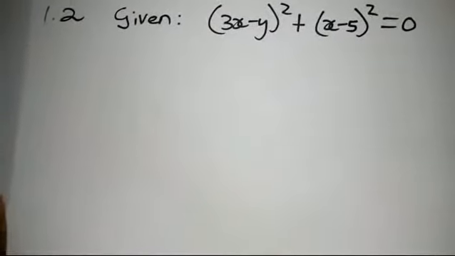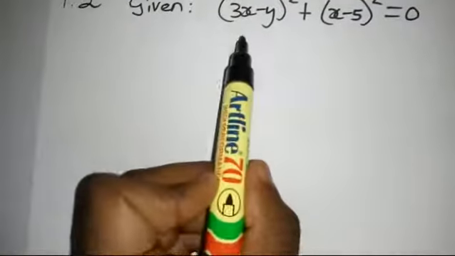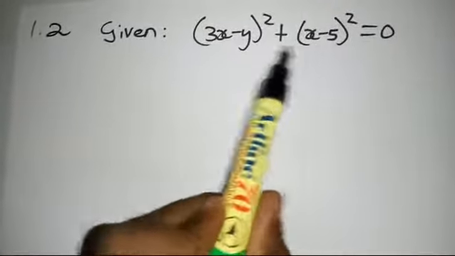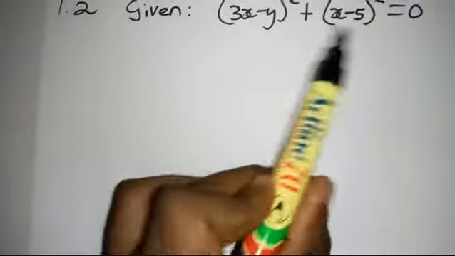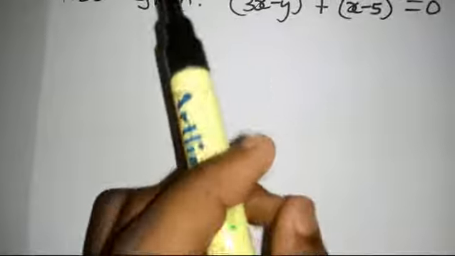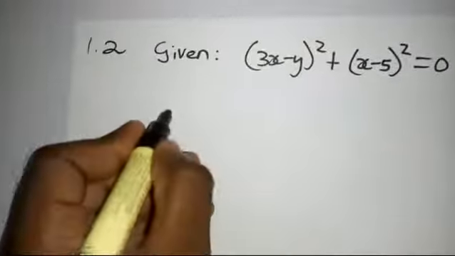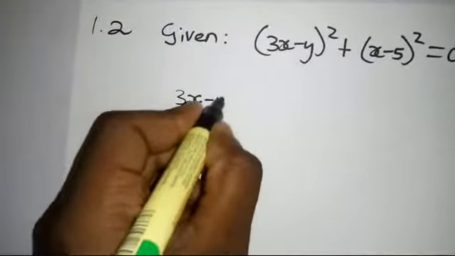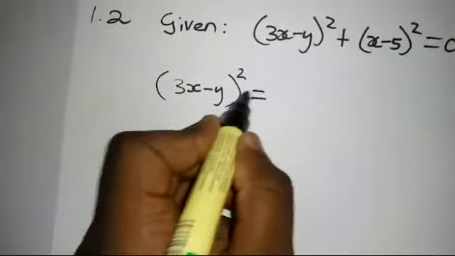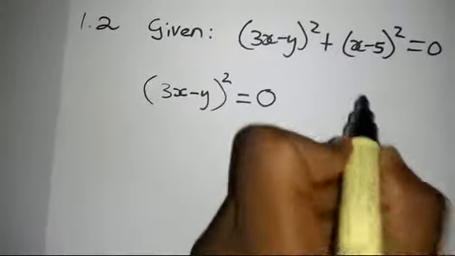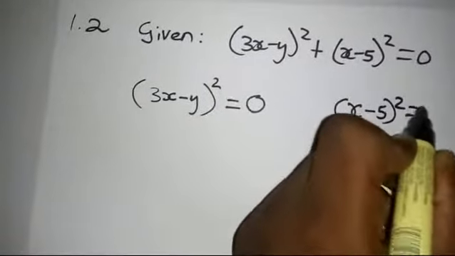The square of any number is always positive or 0. For the sum of these two squares to be 0, we can conclude that this is equal to 0 and this is also equal to 0.